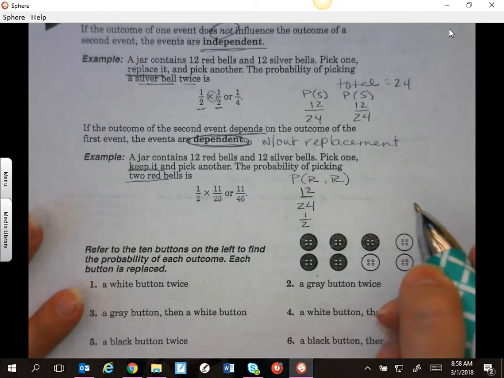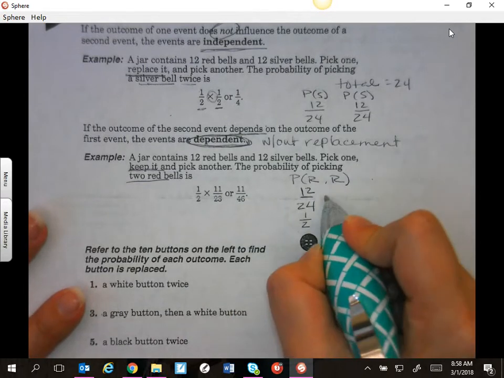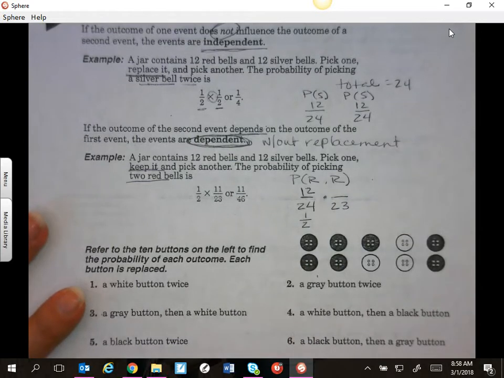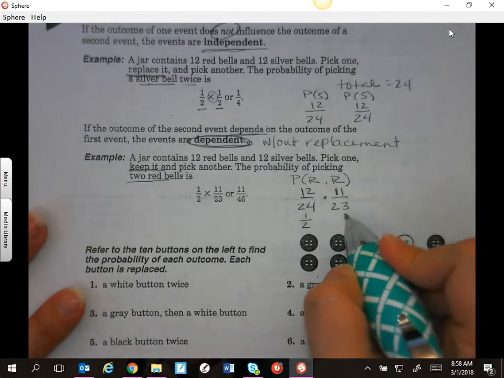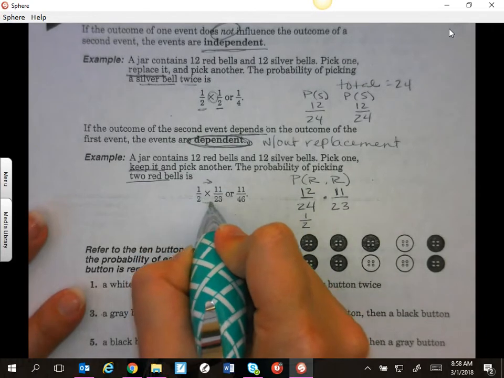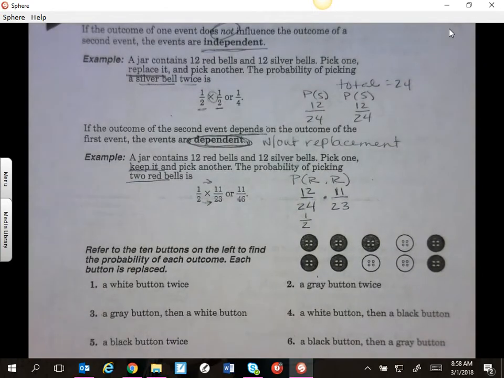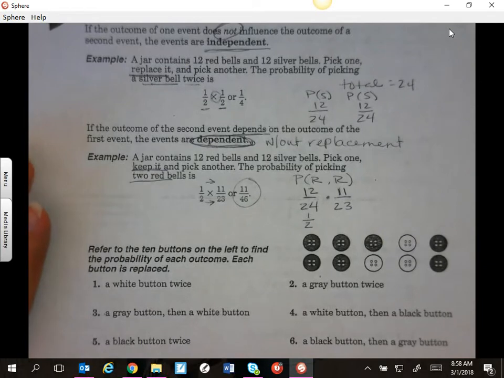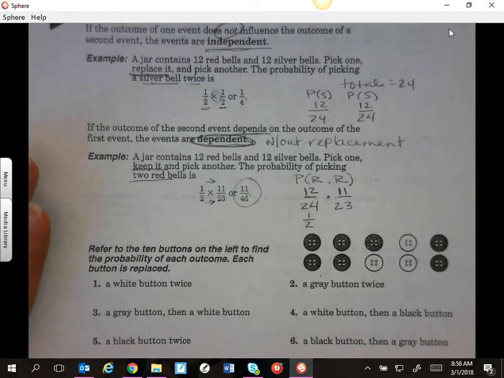However, if we pick one and we keep it out, now there are only 23 bells in the bucket, and out of those, 11 are red, which does not simplify. So you can see we did top times top, bottom times bottom. 11 out of 46 is the probability. That means if we did this experiment 46 times, 11 times we should get red and then red.